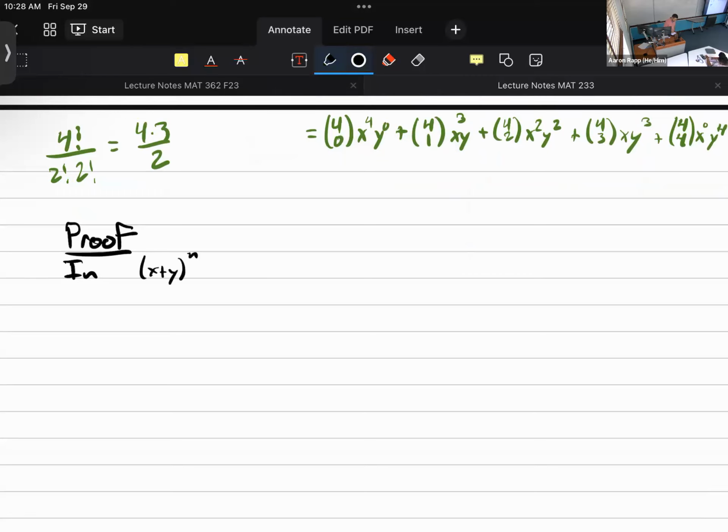So if I take that binomial, raise it to the nth power, this is just x plus y, x plus y, x plus y, and I keep doing this multiplication n times.